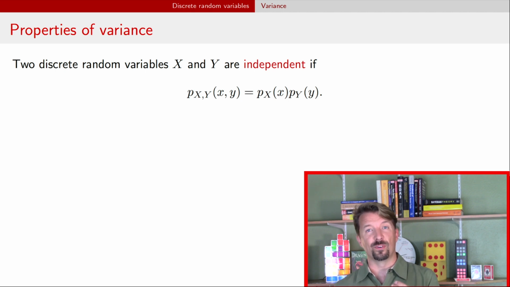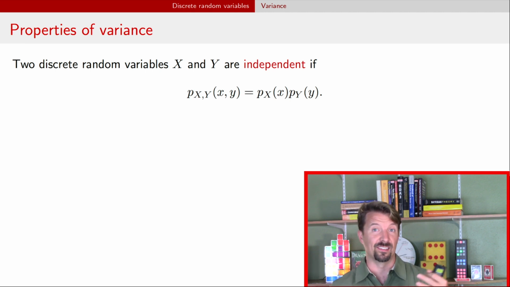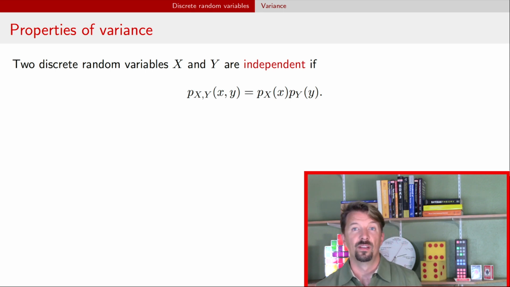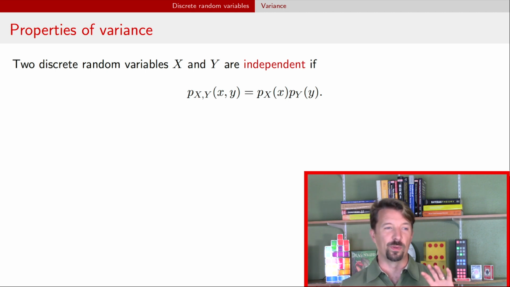The key here is that for 2 random variables to be independent, their joint probability mass function, indicated here by p subscript x comma y of x and y, that's just the probability that x is equal to little x and y is equal to little y, is equal to the product of the marginal probabilities for x and for y, represented here by p subscript x of x and p subscript y of y.